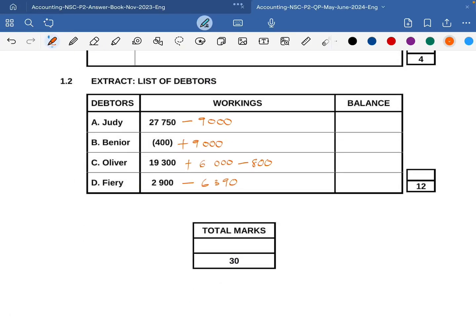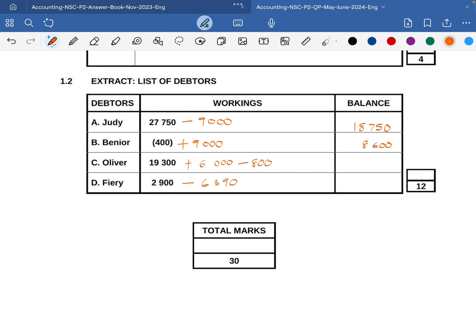Okay, and now we're just quickly going to sum up what each of them owes. So this is 18,750. Then Benyo, it's a negative 4,400, sorry, plus the 9,000, which is 8,600.